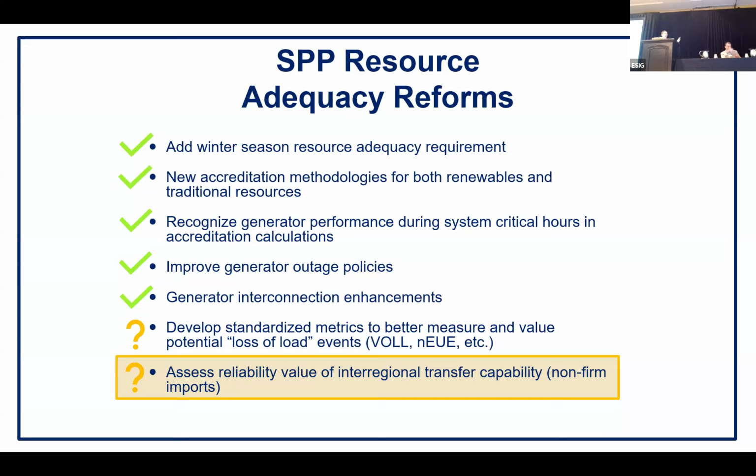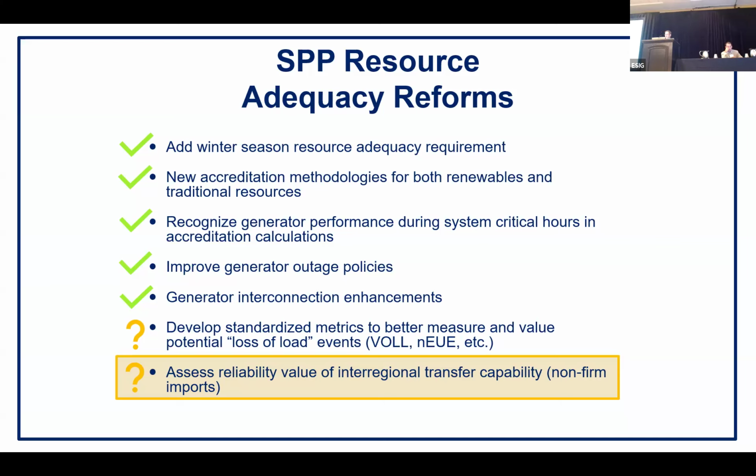We usually have a range of EUE values that helps us assess where the PRM should really fall in those ranges. But we don't have a standardized normalized EUE that we always point to and say this is always going to be the number given the output of the LOLE study. So that's something we're still working on. Still working on a VOLL. I think that's probably farther away. That's a difficult one for folks.